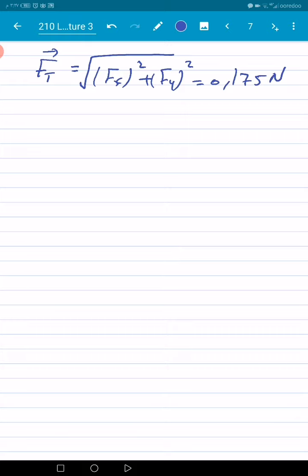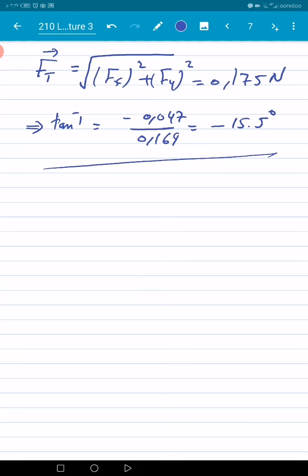The angle is tan inverse of minus 0.047 divided by 0.169, so it's equal to minus 15.5 degrees. So that is the solution of this problem.